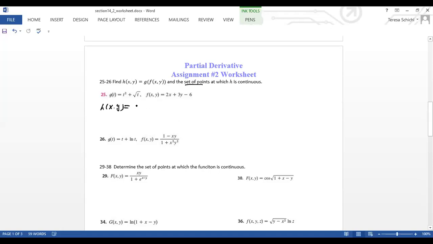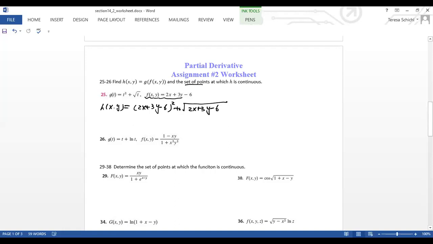That means you put f into g. So what do you have here? You have (2x plus 3y minus 6) squared plus the square root of (2x plus 3y minus 6).